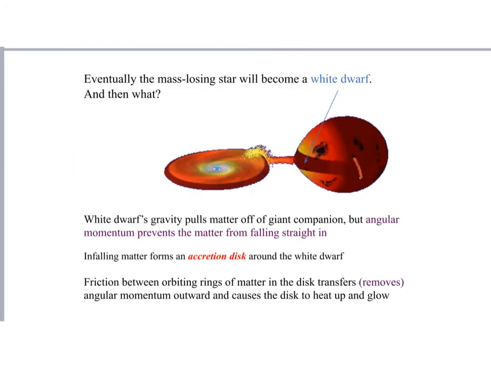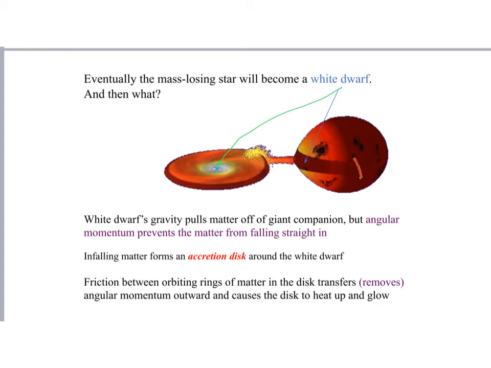And now thinking about what's going to happen next. Eventually that mass losing star will actually become a white dwarf. And the arrow should have been here. And the white dwarf's gravity is actually going to start pulling matter off the giant companion.